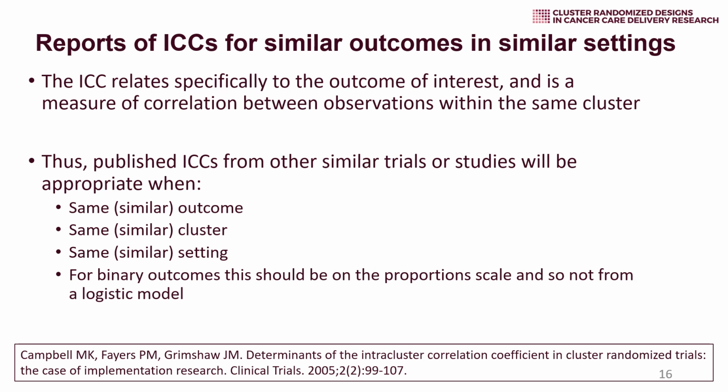So if we are going to try to obtain ICCs from similar outcomes in similar settings, those ICCs published in other trial reports will only be appropriate when they use the same or a similar outcome, when the unit of clustering is the same or very similar, when the setting and the context is the same or similar, and for binary outcomes, we must be careful to ensure that we are only using ICCs that have been estimated on the proportion scale and so do not come from a logistic model.